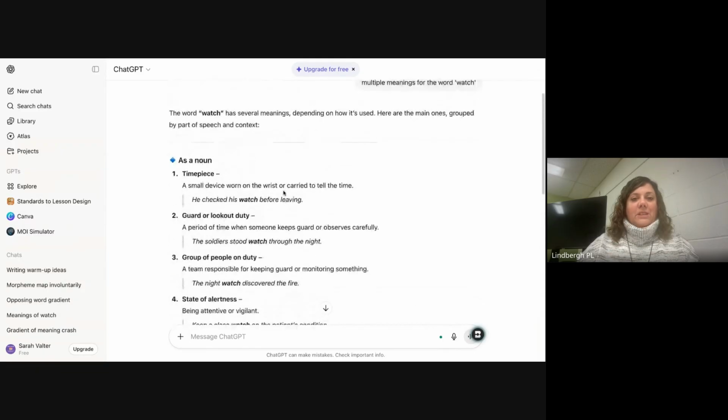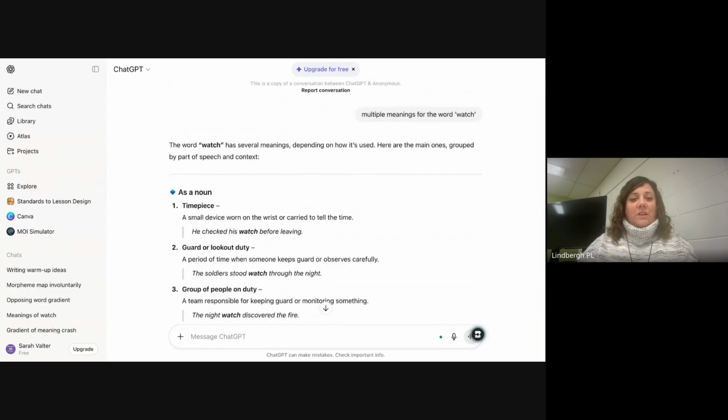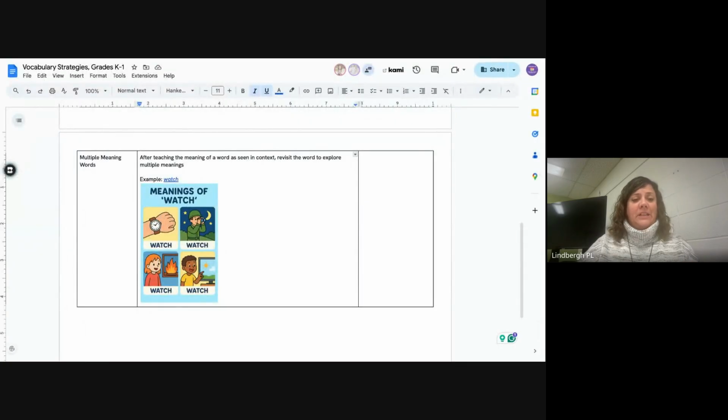So again, my prompt is the word watch has several meanings. Tell me multiple meanings for the word watch. I actually didn't specify this was for first graders. It was really for me at first, but then I asked it to make a visual of 4 really common uses of the word watch. And so ChatGPT came up with this.